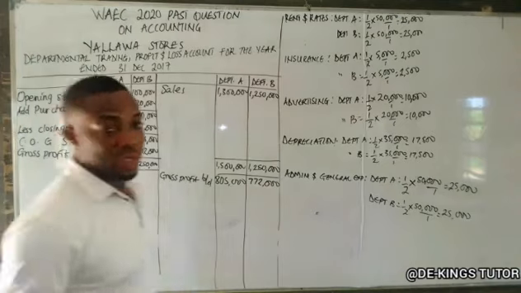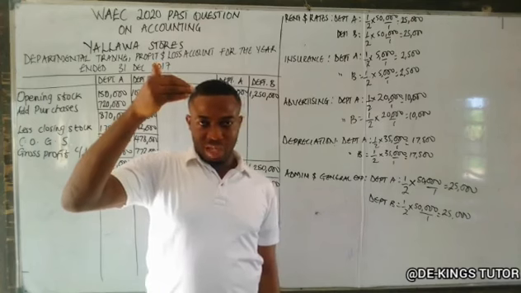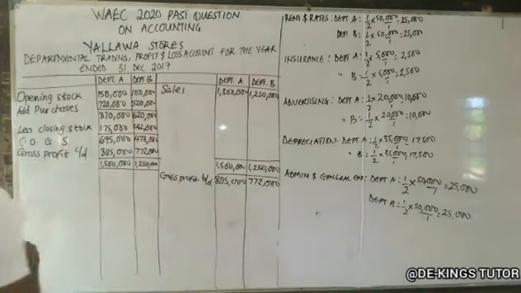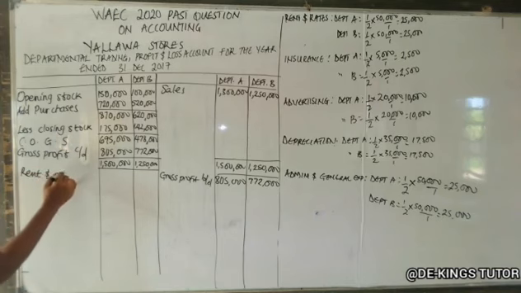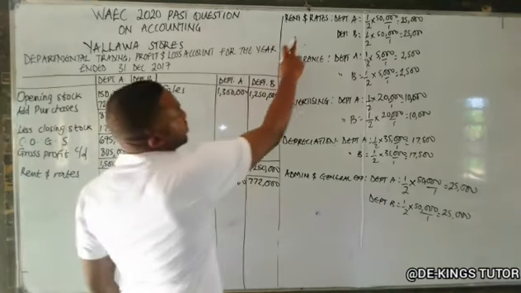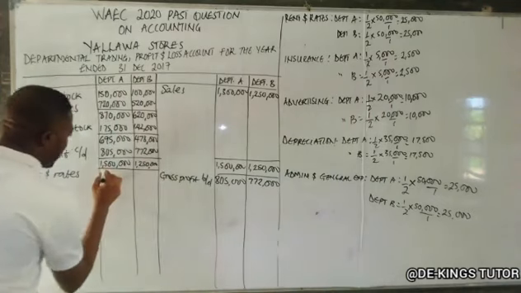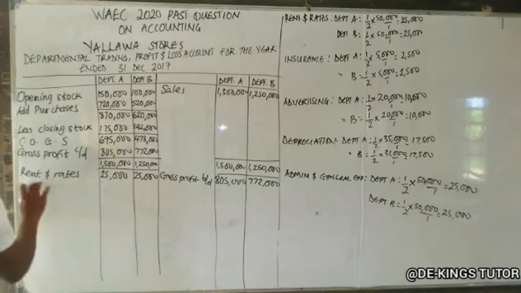Another one is rent and rate. So we have rent and rate as expenses. Now we did adjustment for this. Remember, rent and rate, Department A, look at it, 25,000 for Department A, Department B, 25,000. So I have 25,000 and 25,000. The next one is commission. So I have commission. Let me check there for commission Department A, actually it is 25,000.